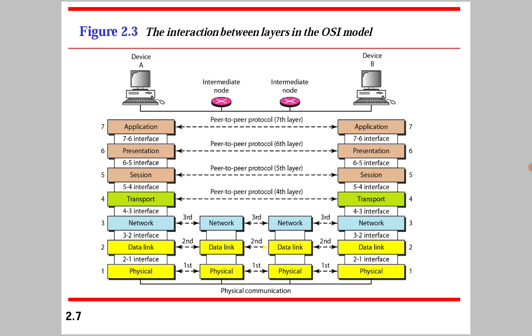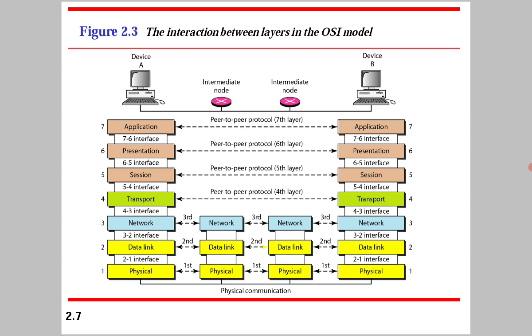Each layer is serviced by a protocol, and there is a connection between one layer and another layer in each device, that is called an interface: between physical and data link layer, data link and network layer, network and transport layer, like this.